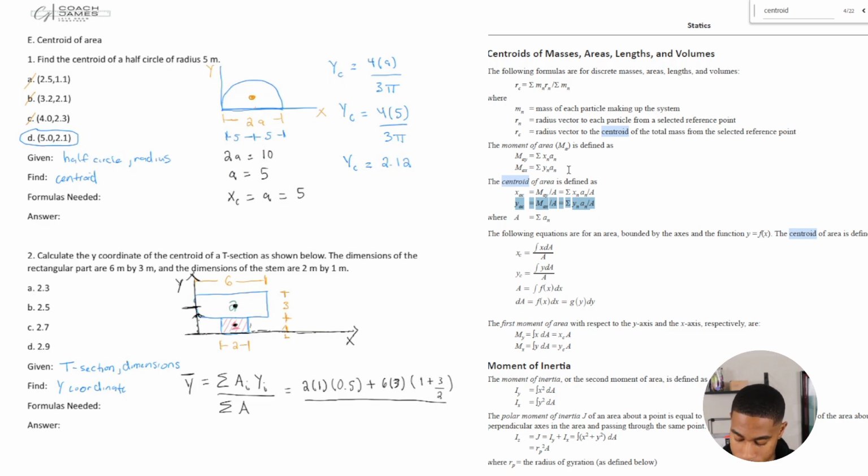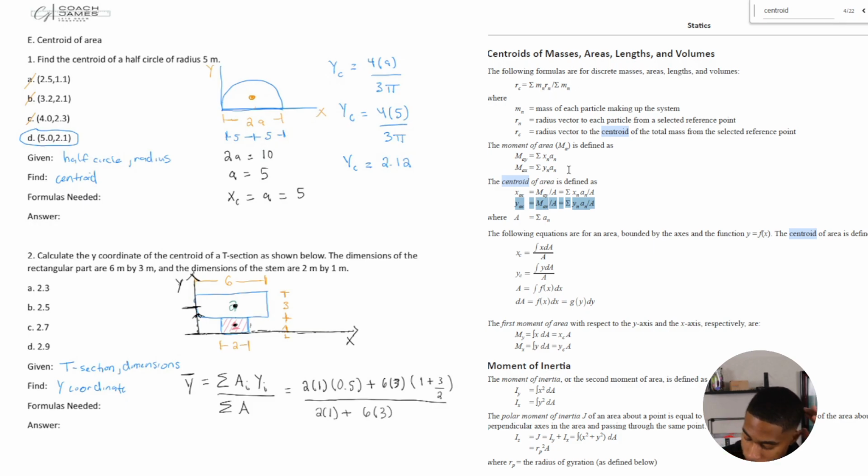Now we need the bottom portion. So what's the sum of our areas? Well, the sum of our areas is going to be 2 times 1, right? For the first piece. And then the area of the second piece, which is going to be 6 times 3.